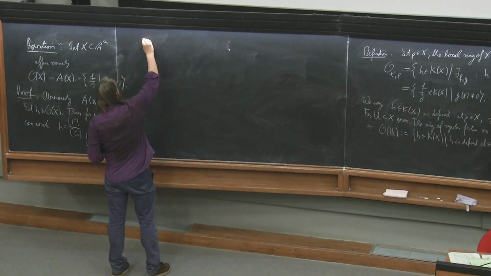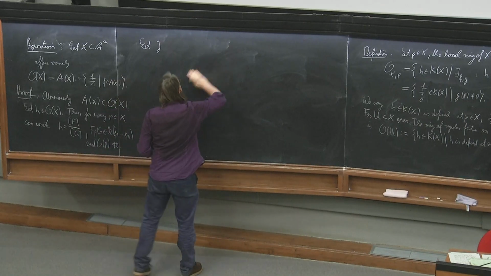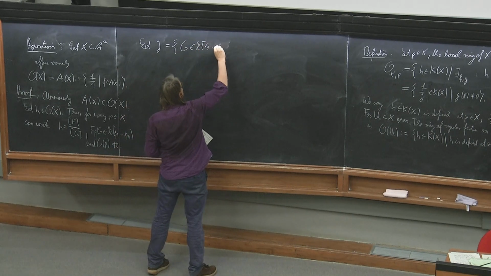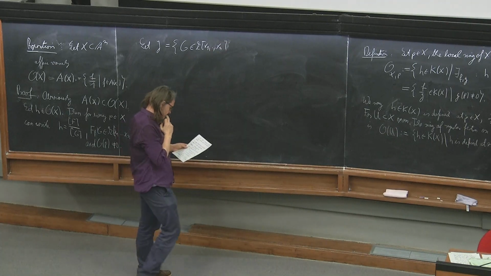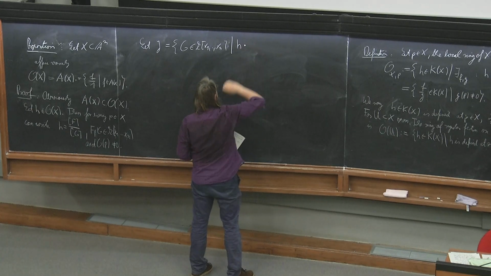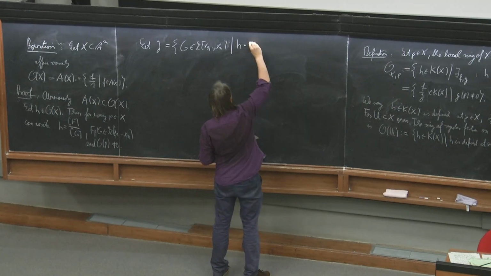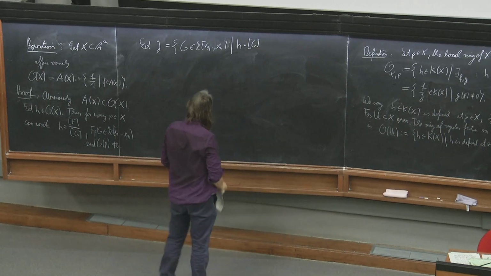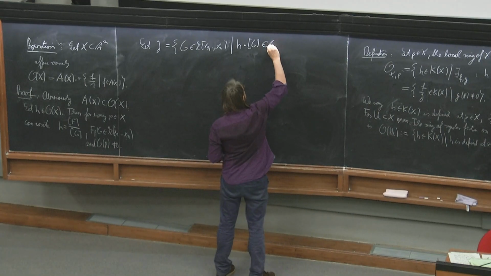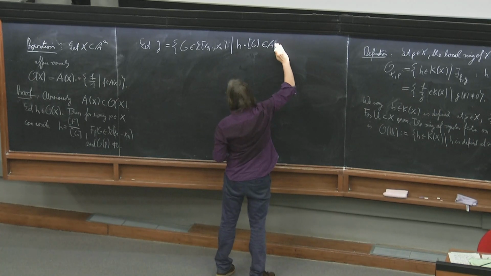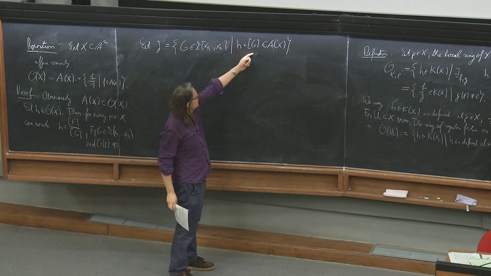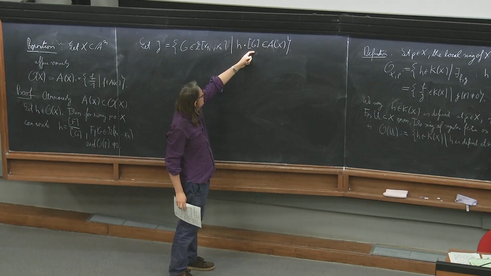So now we look at the following ideal J. The set of all polynomials G in K[x1 to xn] which are precisely these G which occur here, such that if we take our function H and multiply it with the class of G, we have taken this rational function and multiplied it with an element in A of X, and then indeed it is an element in A of X. That means if we multiply by this, the denominator, this thing has no denominator.